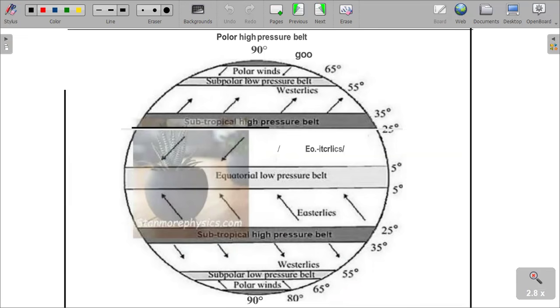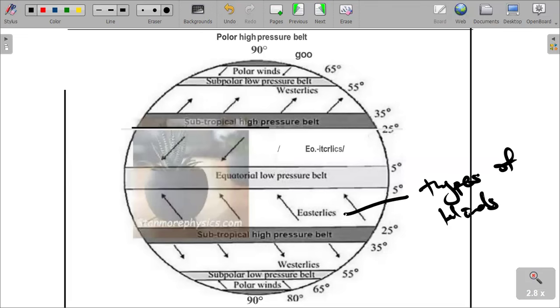So also the types of winds. Certain times you would find that the question that comes with types of winds asks you to identify the winds that are found at different pressure belts.